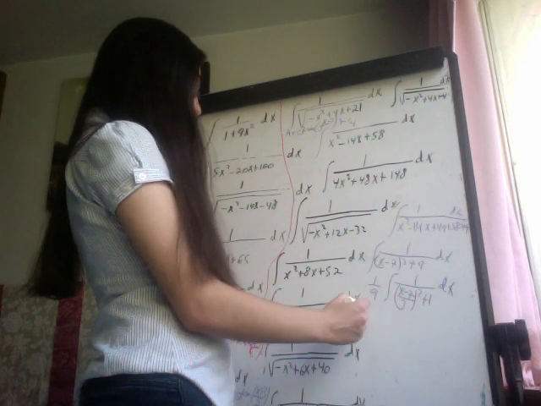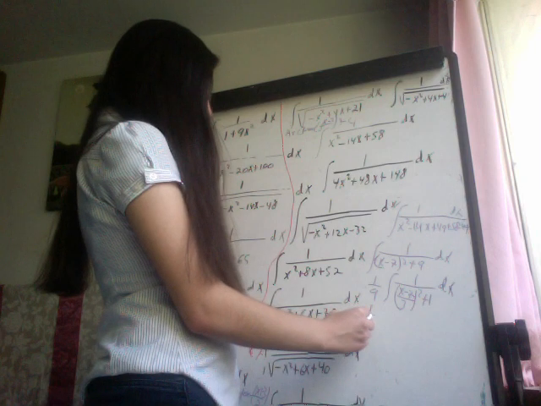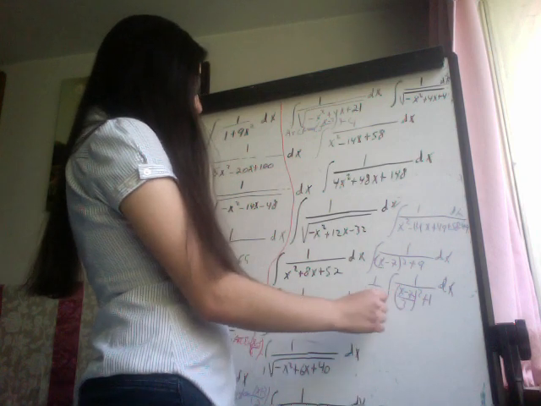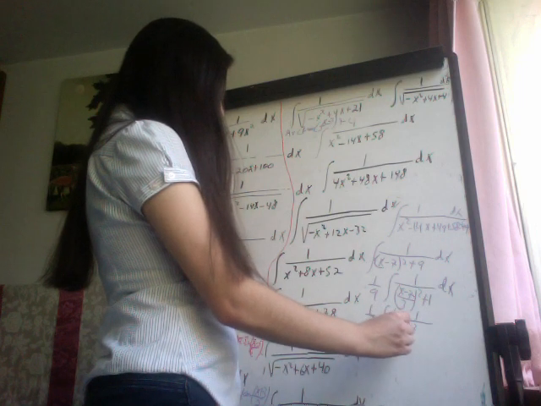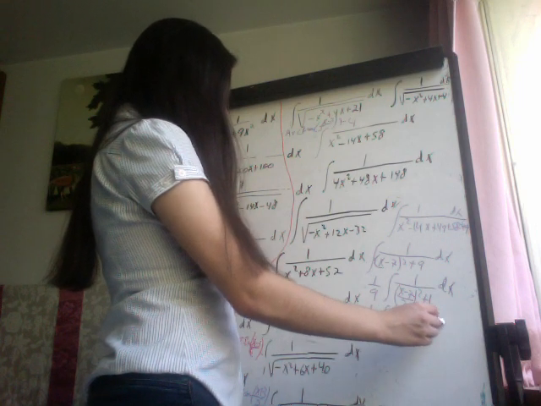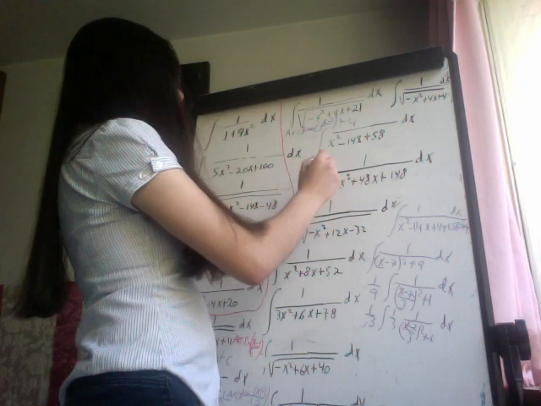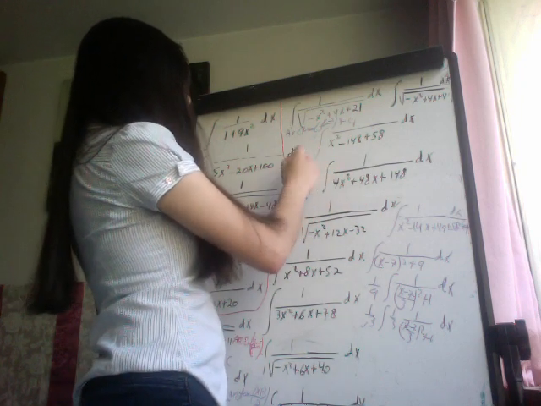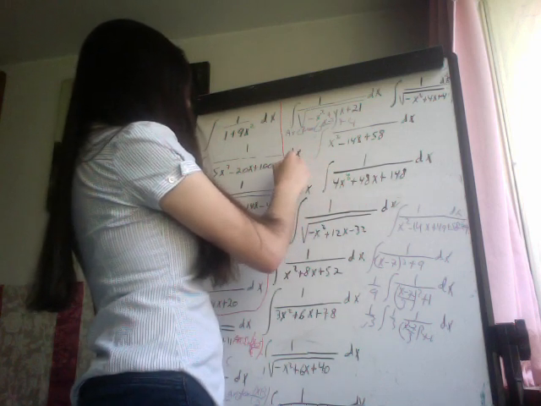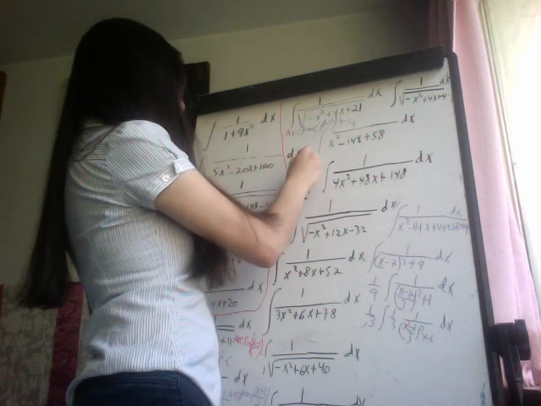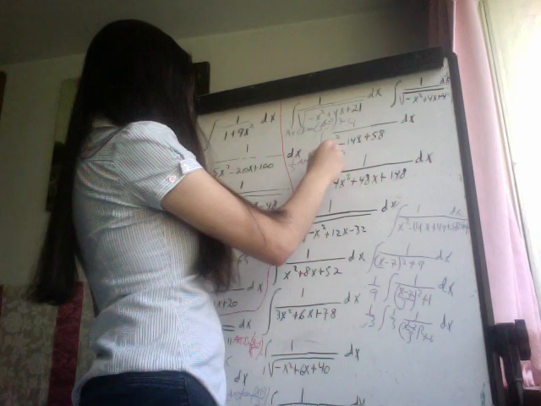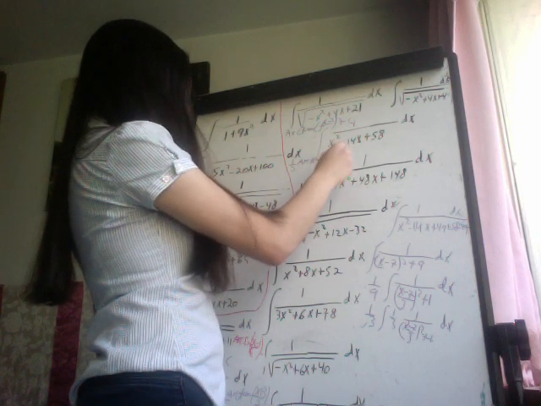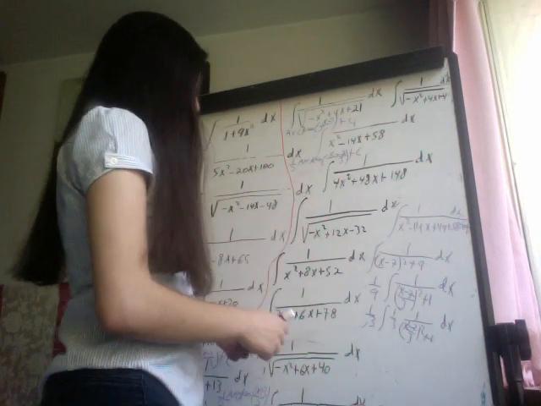So here we can put it as 1/3 times the integral of 1/3 times 1 over ((x minus 7) divided by 3) all this squared, plus 1 dx. And so this would be 1/3 of the arctangent of (x minus 7) divided by 3 plus c.